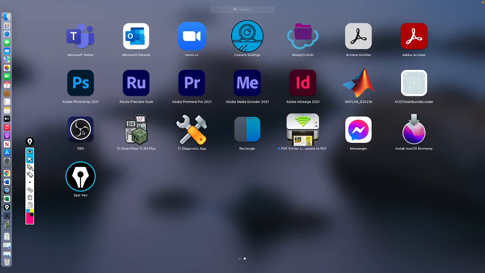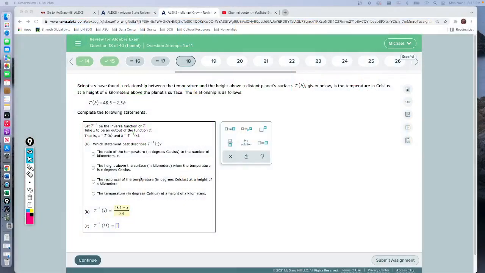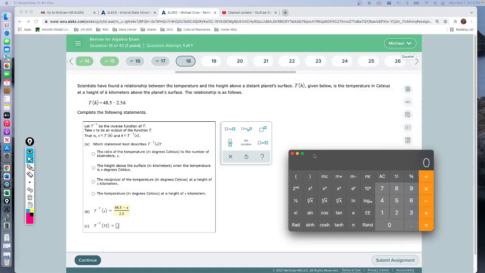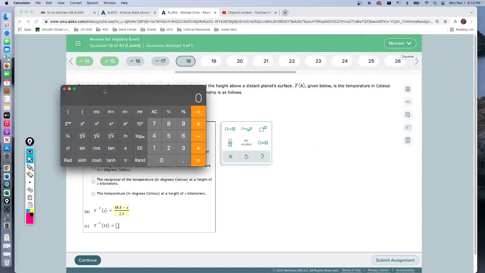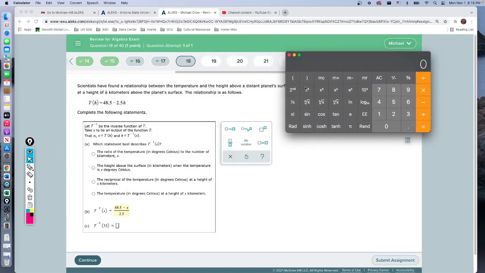So let's just use a regular calculator over here. 48.5 minus 33 is 15.5, divided by 2.5 is 6.2.